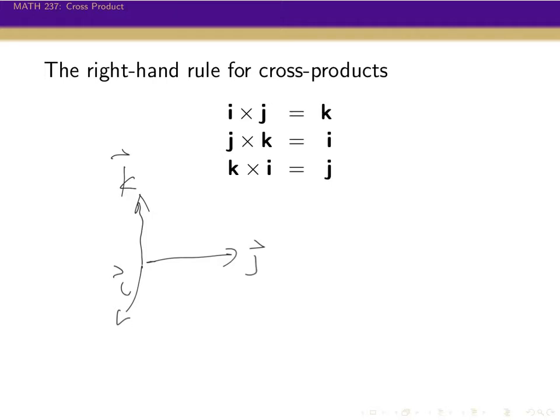Right towards me, and so that's in the direction of I. To do K cross I, I'd have my right palm facing towards me. When I curl my fingers, they're coming out in the direction of I, and then my thumb is going in the direction of J. And so that's how the right-hand rule works.